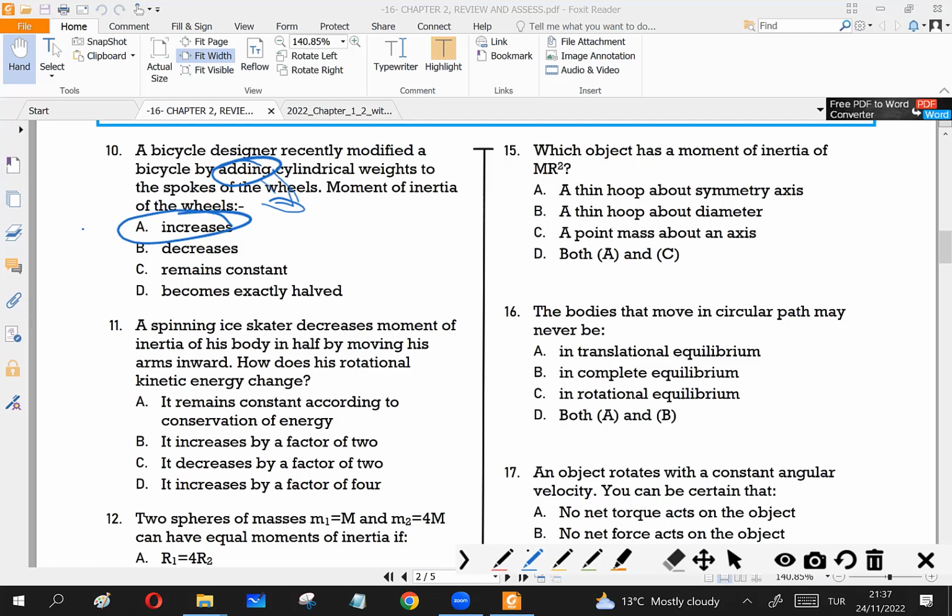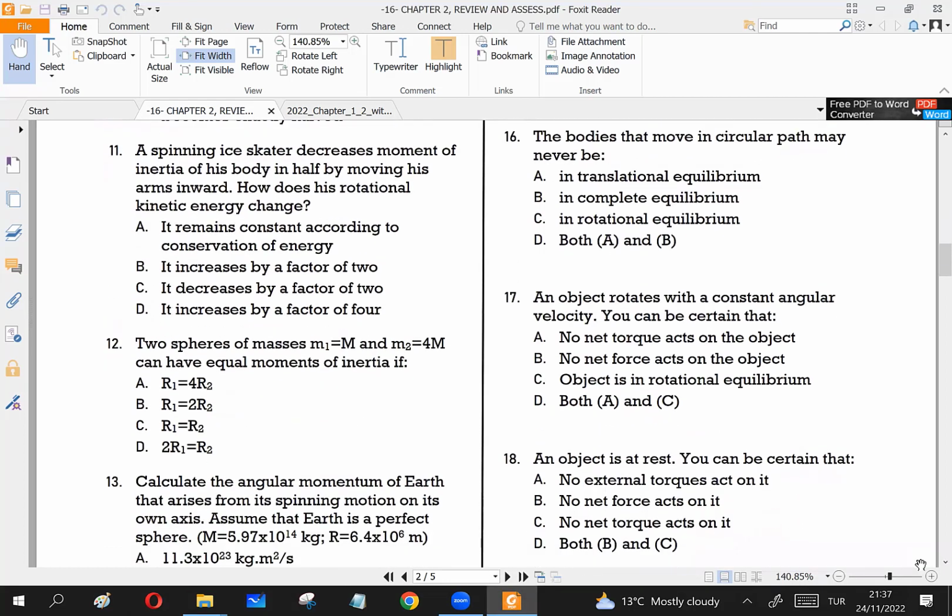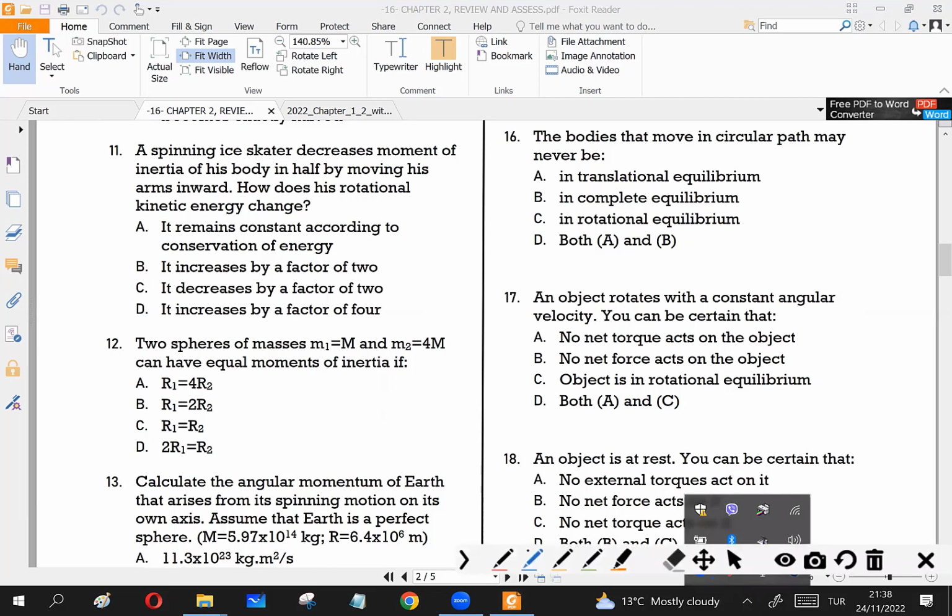Question number 11. A spinning ice skater decreases the moment of inertia of his body. This is again conservation of angular momentum. Decreases the moment of inertia of the body in how? By moving his arms inwards. So how does his rotational kinetic energy change? Right now, I explained them to you.